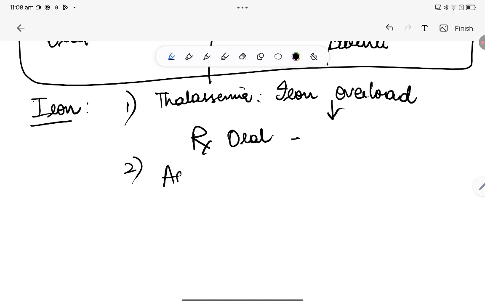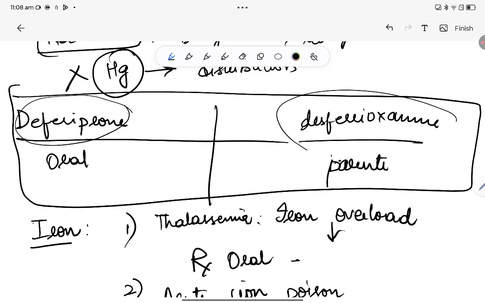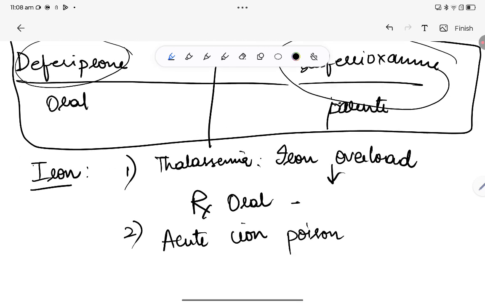Second thing, acute iron poisoning. In case of acute iron poisoning, usually we prefer parenteral Deferoxamine.